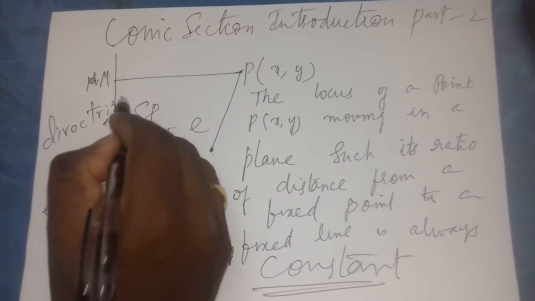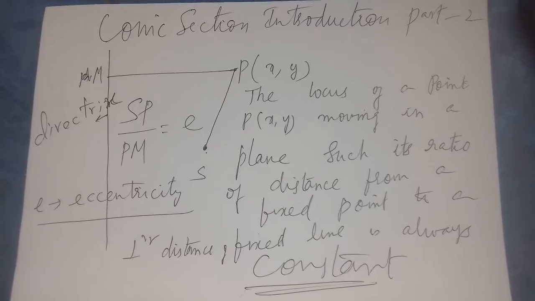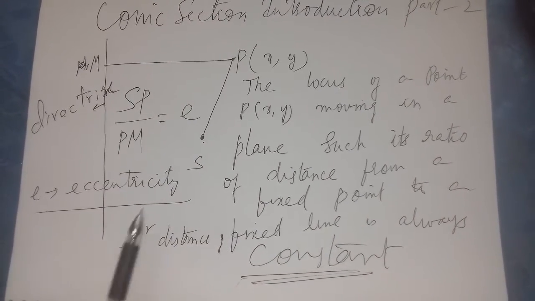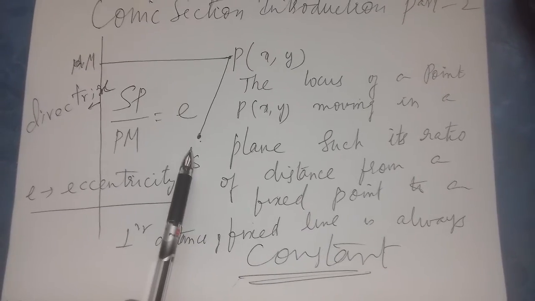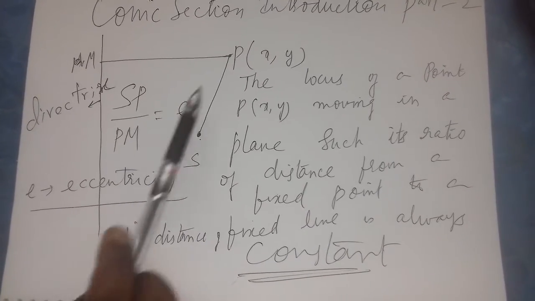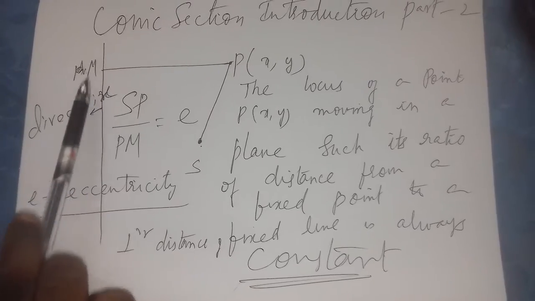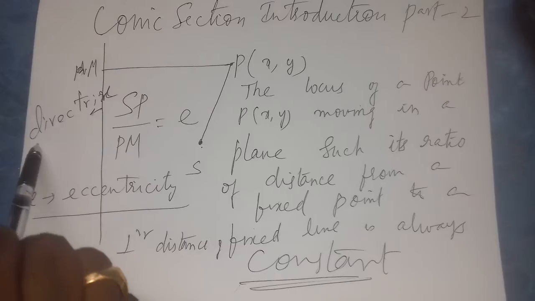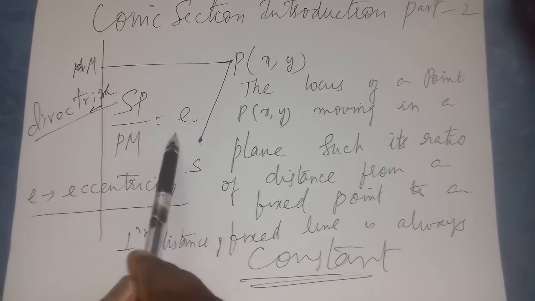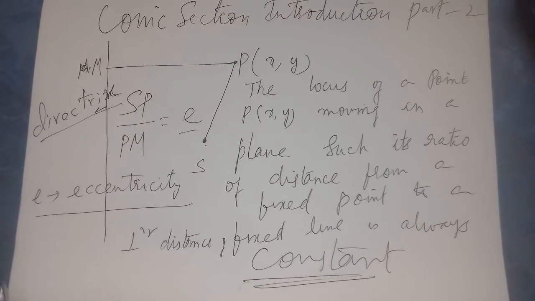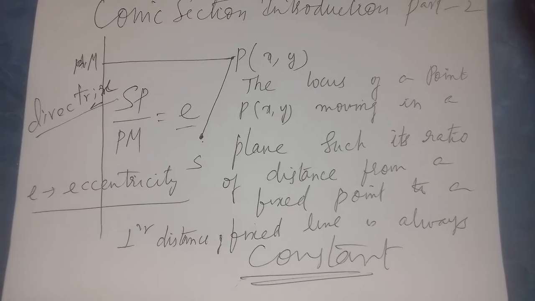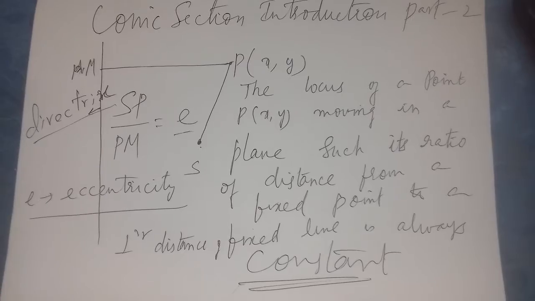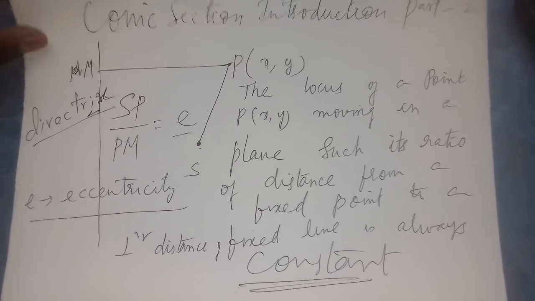So I repeat, the locus of a point P moving in a plane such that its ratio of the distance from a fixed point to the perpendicular distance from a fixed line is always constant. The fixed line is called a directrix and the constant is called eccentricity. So based on the value of eccentricity, the conic changes. It will be a parabola, it can be an ellipse based on the value of E.